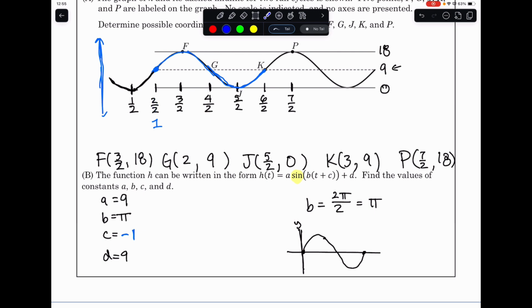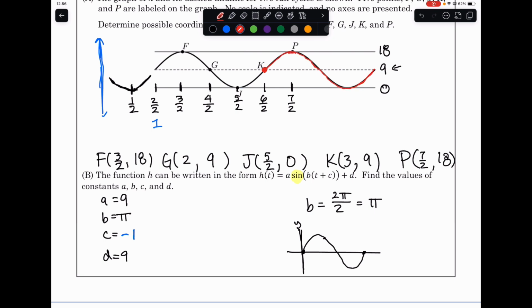Okay. Now, another option is that I could also create a sine function. Let me erase this right here. I can also create another cycle of a sine function, a positive cycle, if I start at K, go up, and then go back down.